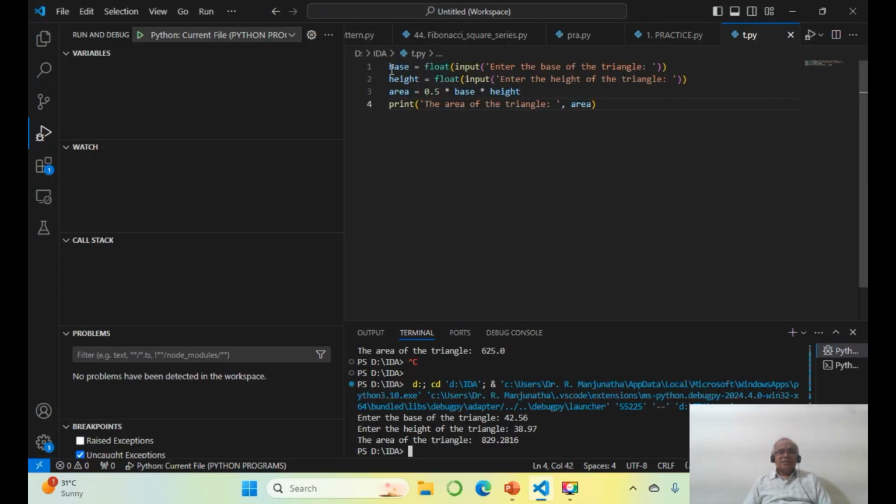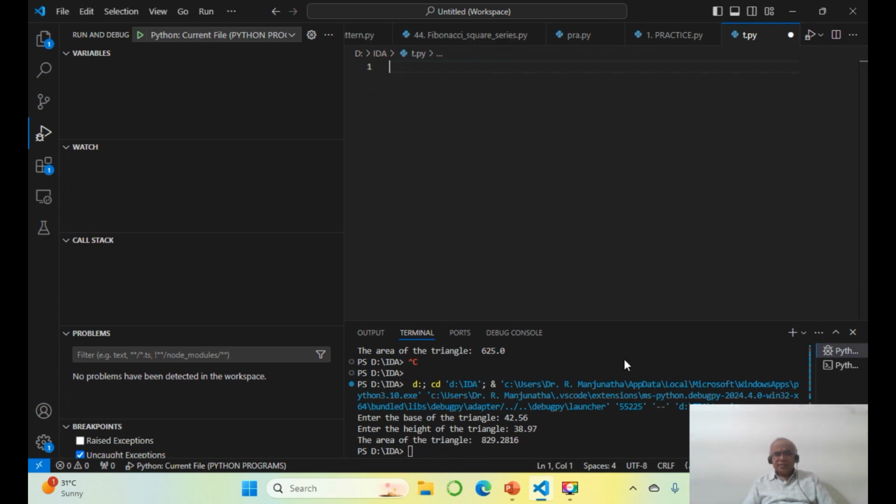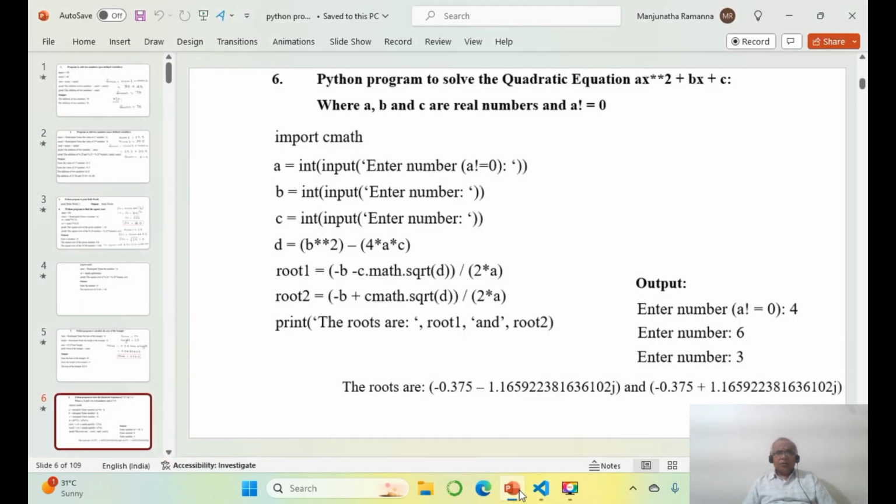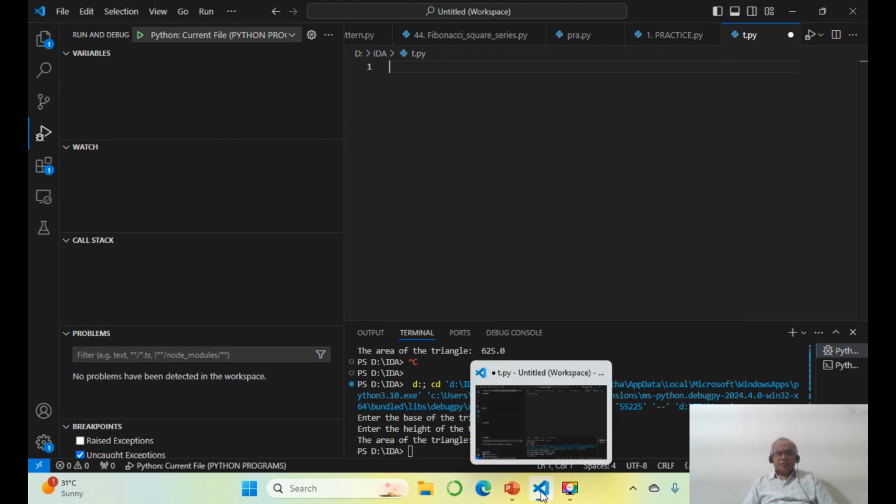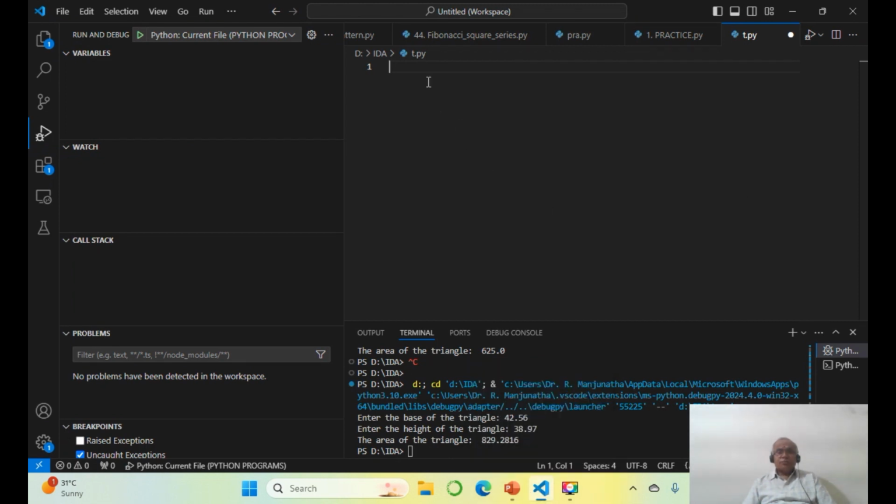So for that I will go for the Python program, import cmath. Okay.